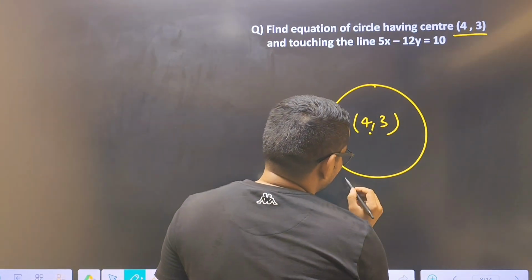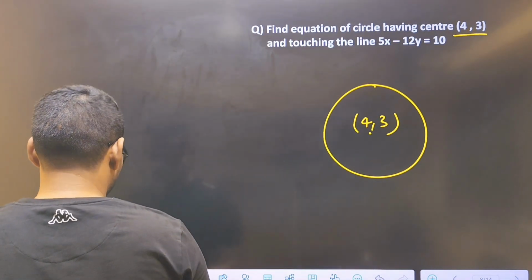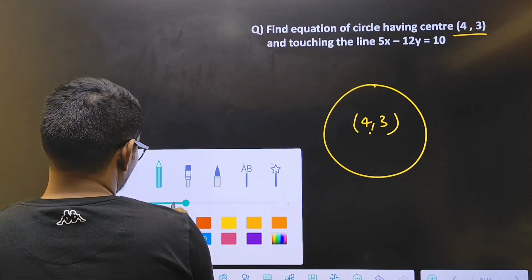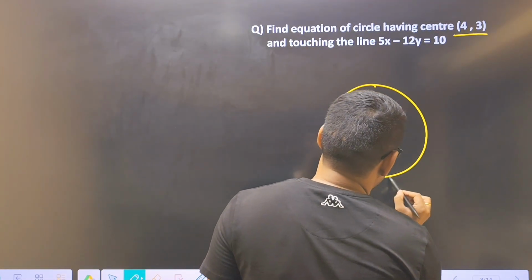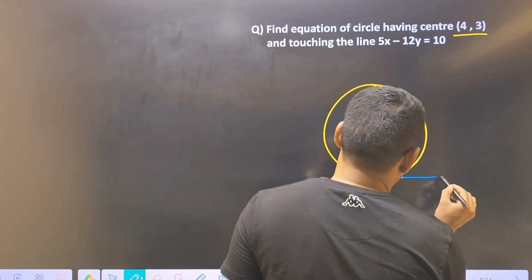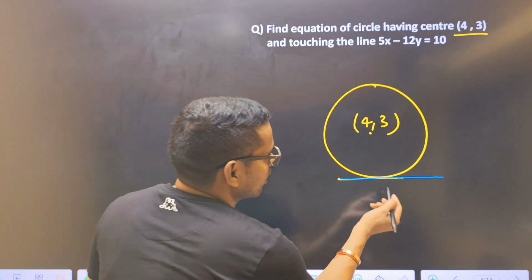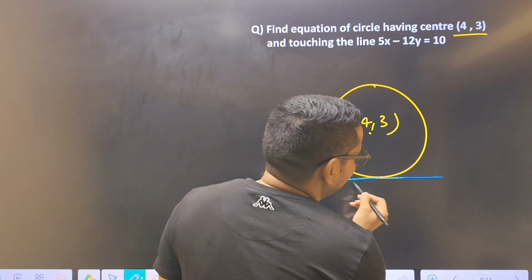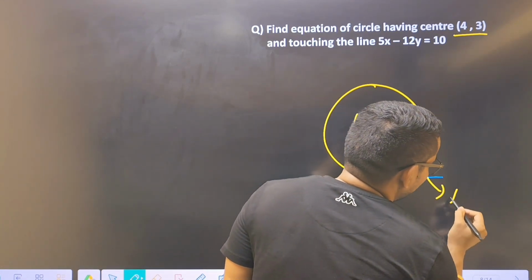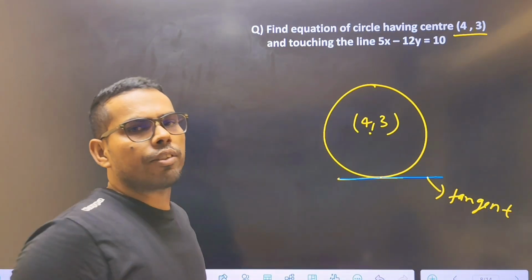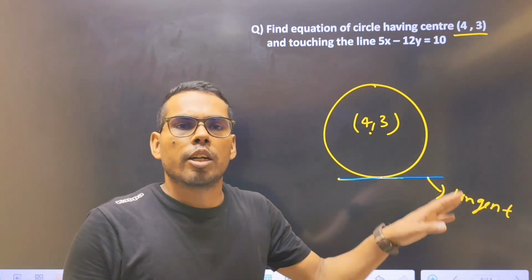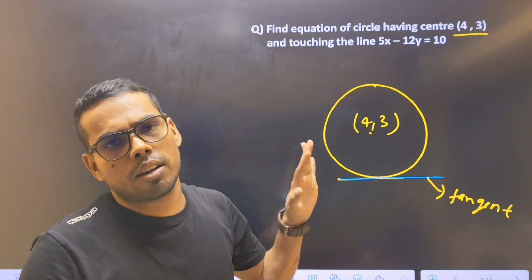Now there is a line, this one, which is touching the circle. It means this line is tangent to this circle. If any line touches a circle, that line is a tangent of that circle.